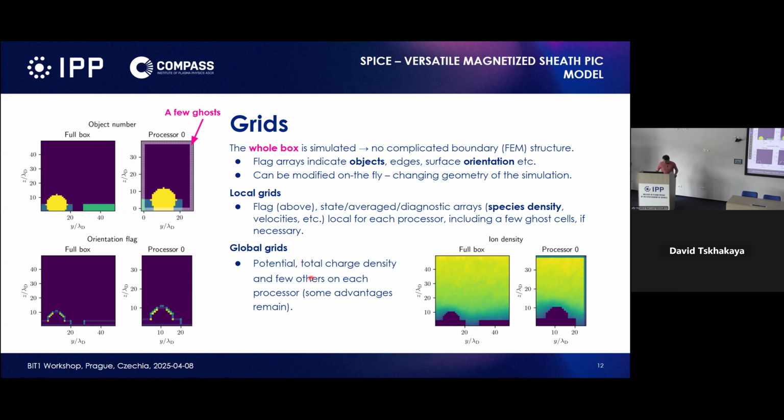Then we have some global grids, which are a bit of a legacy thing, but I will tell you afterwards why we have those. These are only for interchange of information about the field.